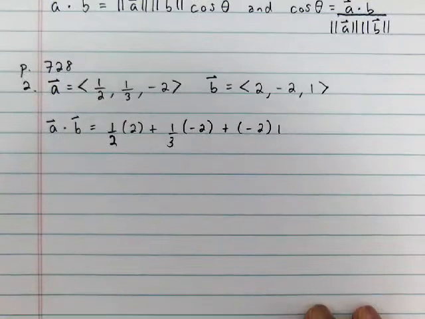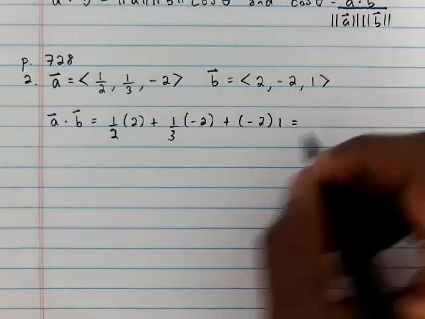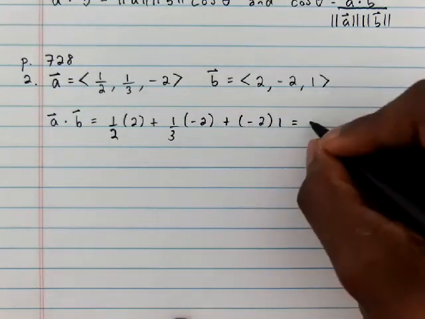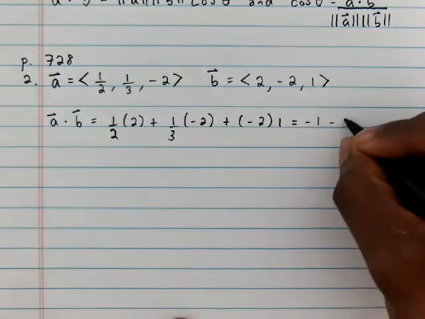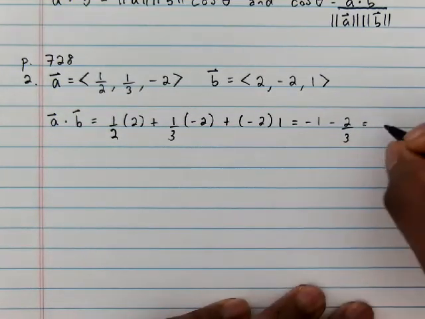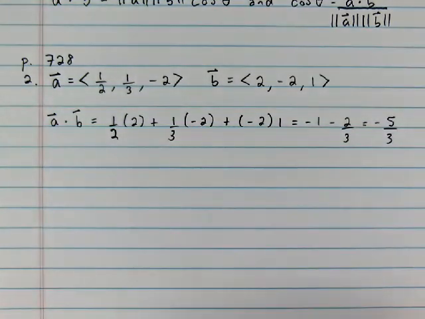Now we'll simplify this. What does that give us? We have 1 minus 2 gives us -1, minus 2/3. We get -1 minus 2/3, which gives us -5/3. All right, so that's the dot product.